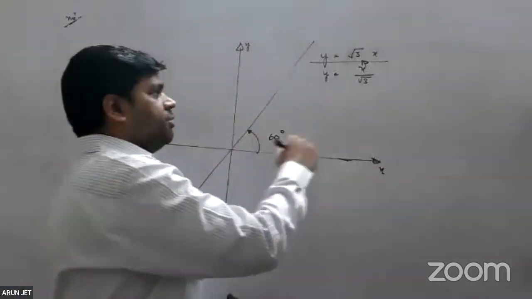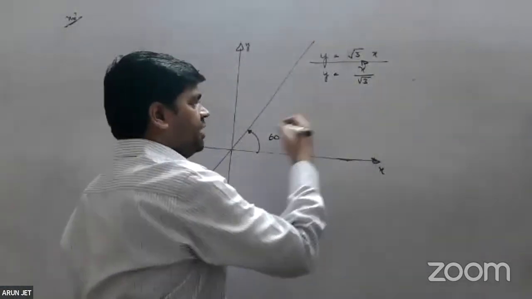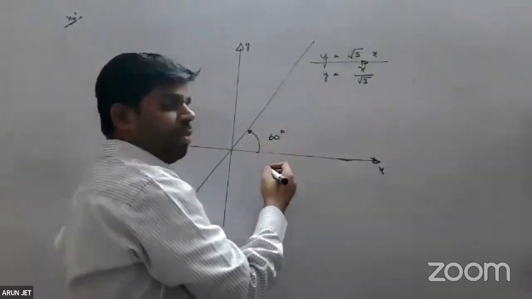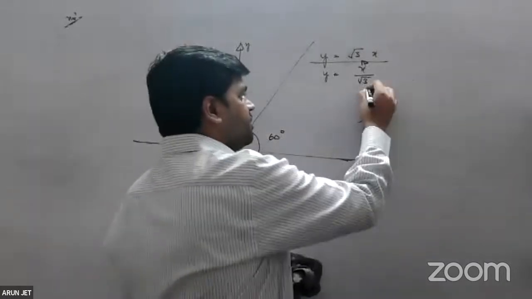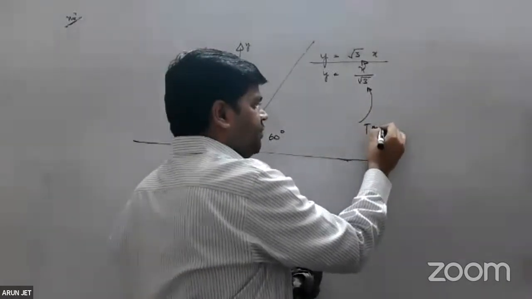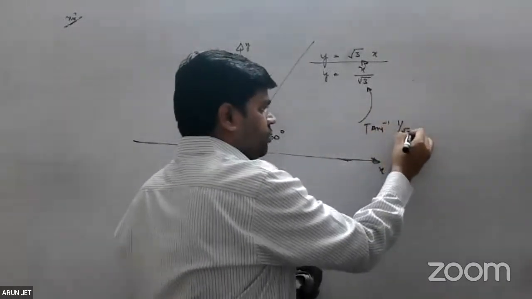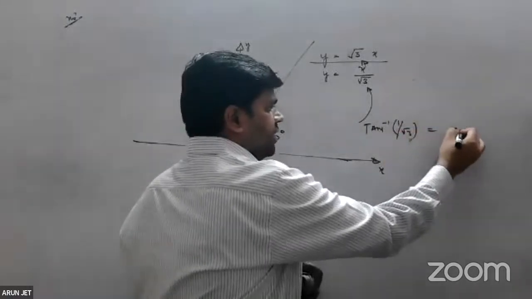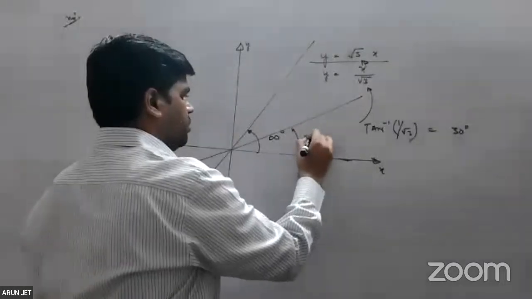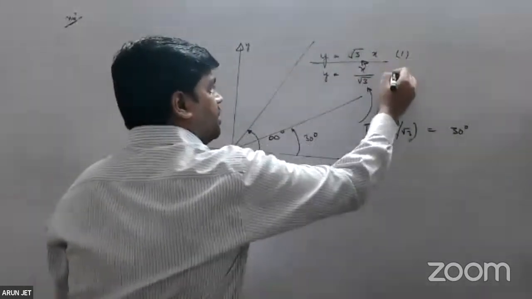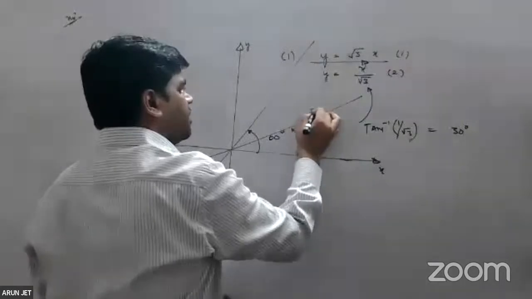This would also pass through origin because there is no intercept. Y intercept is 0. And slope is 1 by root 3. So tan inverse of 1 by root 3 is equal to 30 degrees. So this is straight line 1, straight line 2.